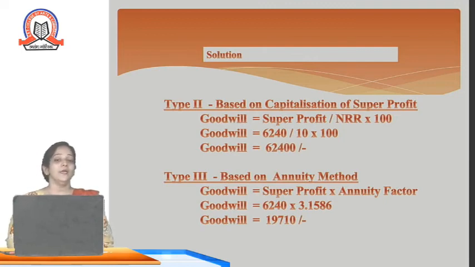So that is 6240 multiplied by 3.1586, which was the annuity value given in the question. So this was the only change in the last step in the super profit method, and this was a basic question relating to the super profit.